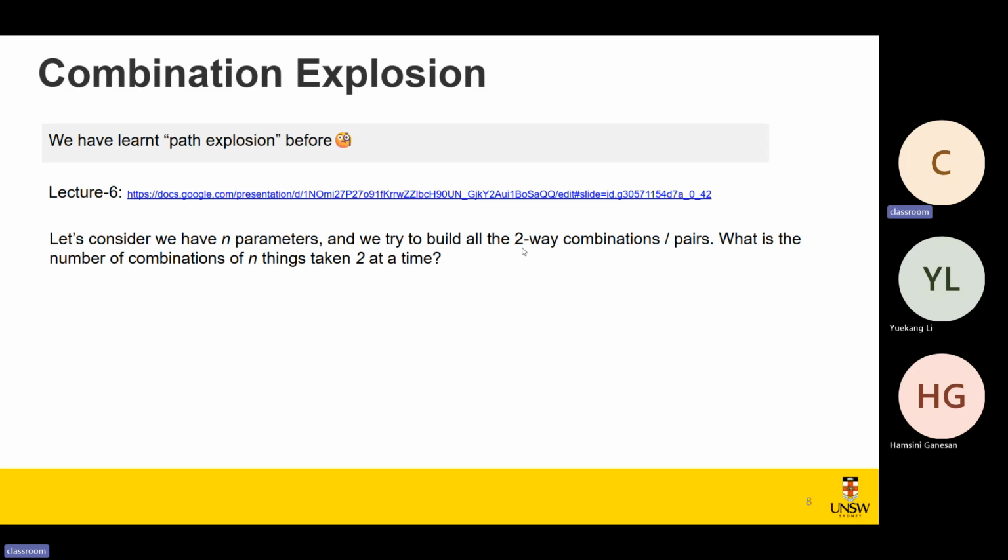What is the number of combining these n things together, where we take two out of the n things at a time? So how many test cases, how many possibilities do we have if we do two-way combination? What is the maximum number here?